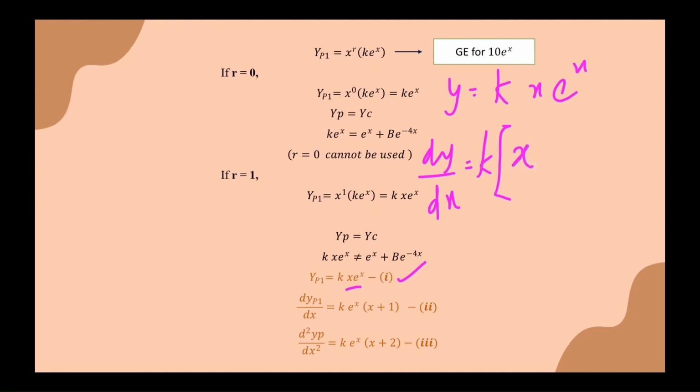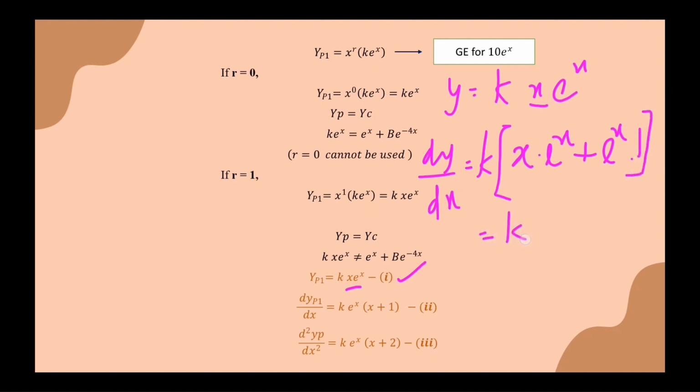We rewrite the x times what you get when you differentiate e^x, which is e^x, and then plus e^x rewritten, times what you get when you differentiate x, which is 1.